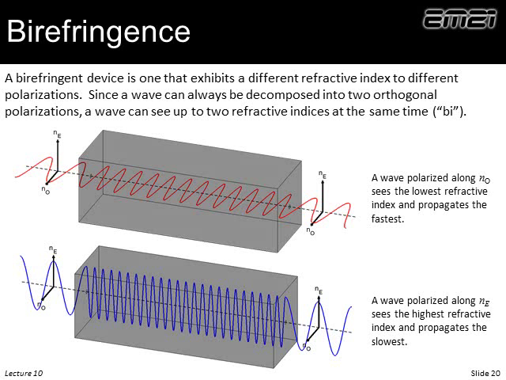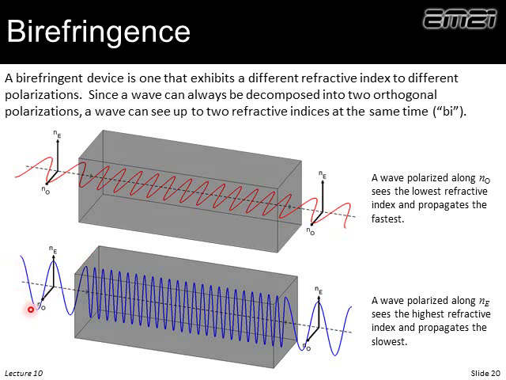So we have this chunk of material shown in gray, and we'll say that it has an ordinary and an extraordinary axis. And we'll make the extraordinary axis be a slightly higher refractive index. If we launch a wave that's polarized parallel to the ordinary axis, well, that's the refractive index this sees. And it comes out still polarized that same way.